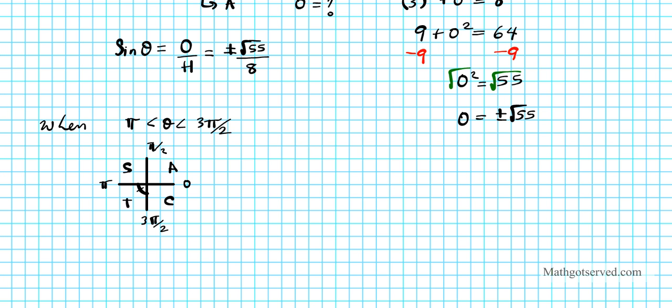So what does the T here mean? The T basically means that tan and its reciprocal cotangent are positive. Okay, so do we have a match here? We're looking for sine, but we have tan and cotangent as being the only positive trig functions in this quadrant. So guess what? Sine is negative in quadrant 3. All right, so our final answer, sine theta in this quadrant is negative root 55 over 8. Okay, so there you have it.